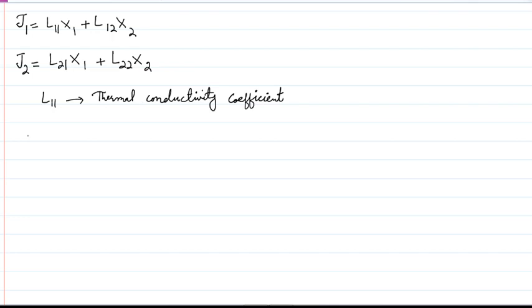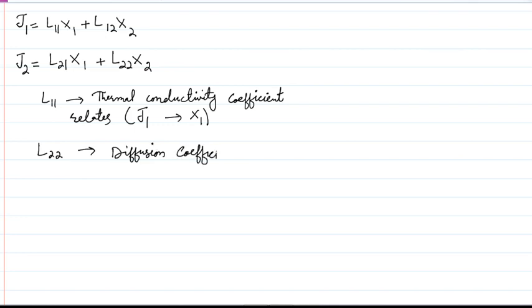It basically relates J1 with X1, and L22 is simply the diffusion coefficient, and relates J2 with X2.